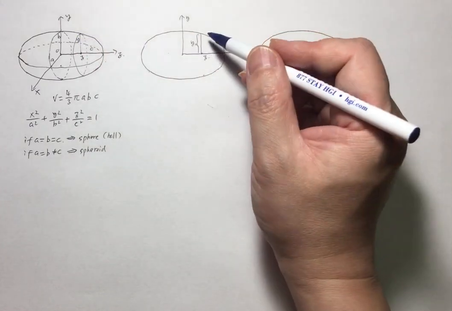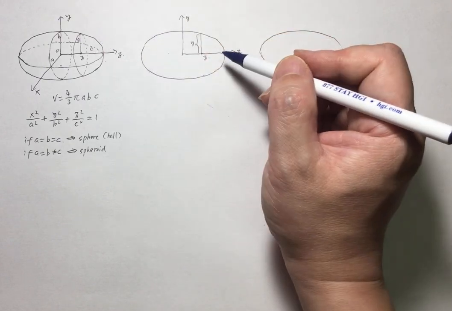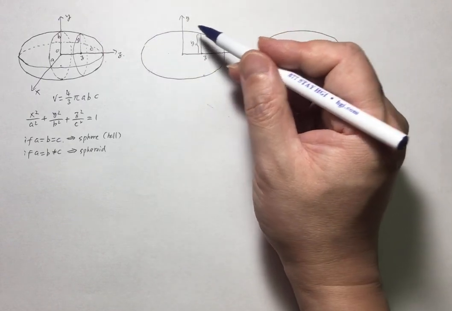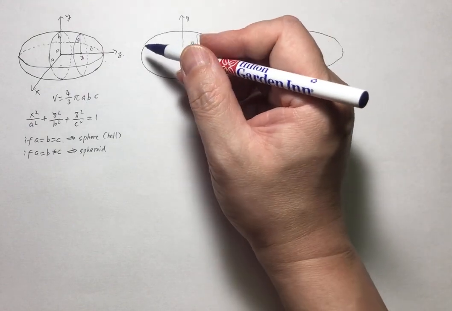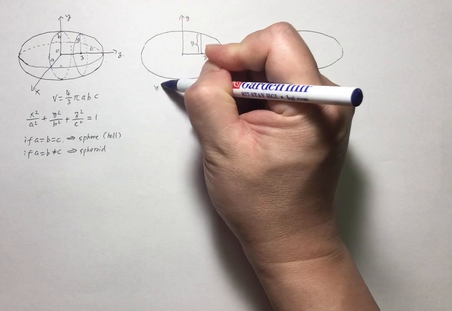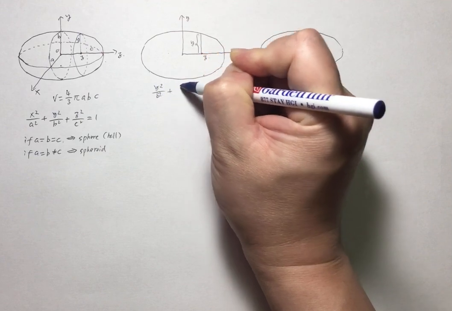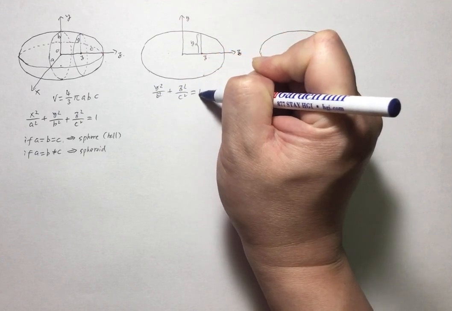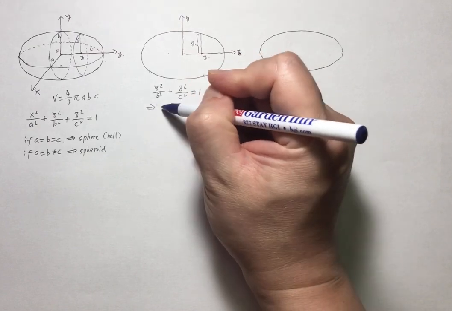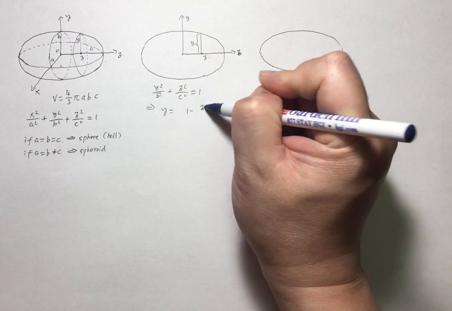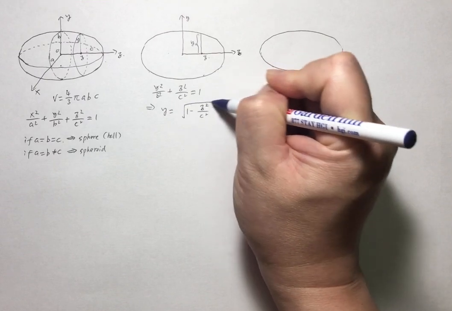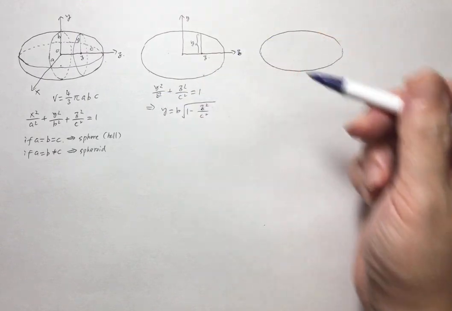We know that this is an ellipse. So the equation describing this ellipse is y squared over b squared plus z squared over c squared is equal to 1. So we move this term here. So y is equal to b times the square root of 1 minus z squared over c squared.